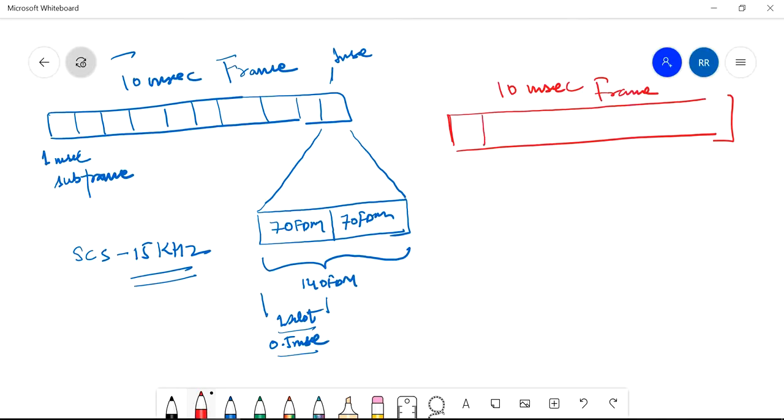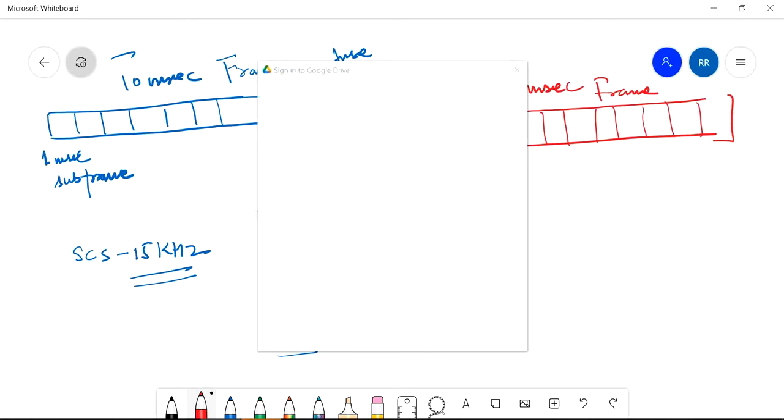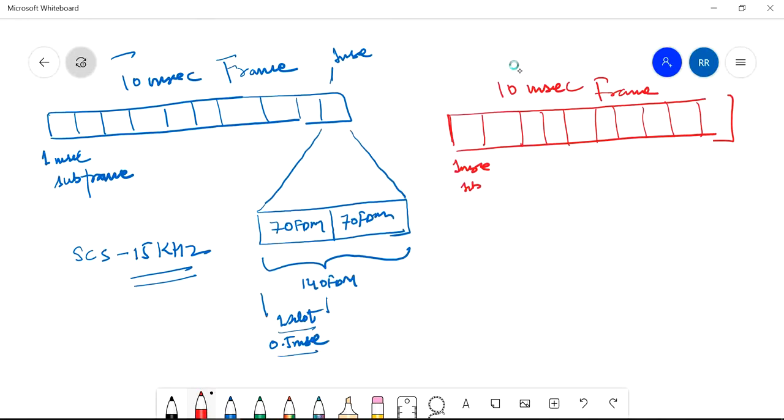And further, if we divide it into 10 parts, 1 2 3 4 5 6 7 8 9 10, then this 1 millisecond is called a subframe. Here also it is the same as LTE, so it is called a subframe.